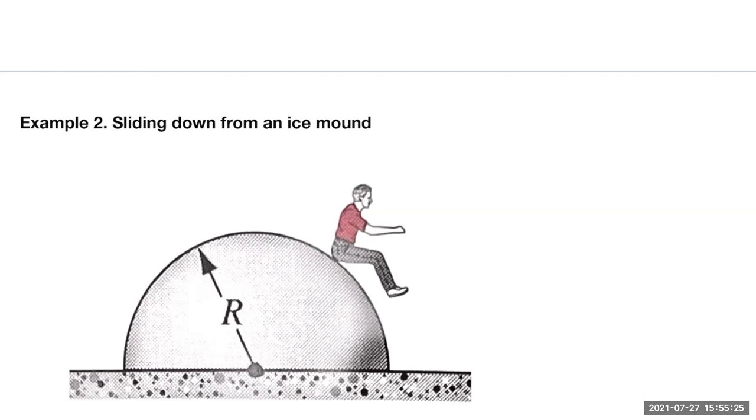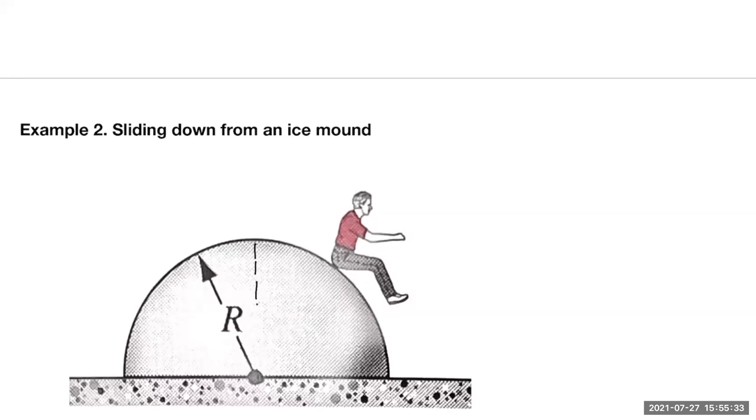So the person starts from the top of the ice mound, right here, at 0 initial speed. And since this is ice, he can slide down with almost no friction, so we don't have to worry about the friction doing negative work.